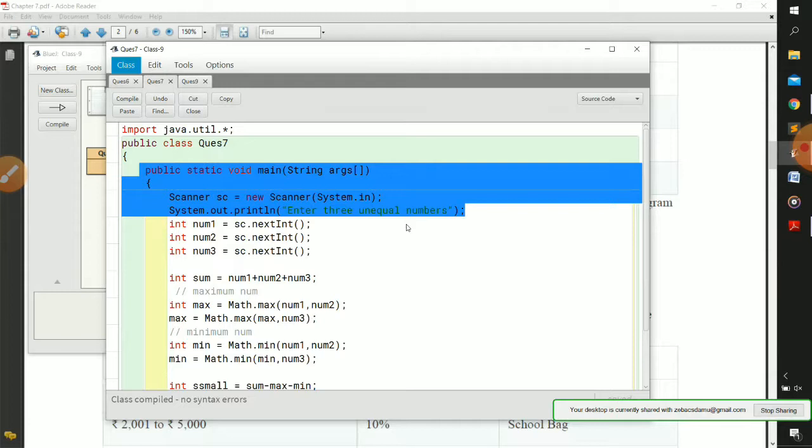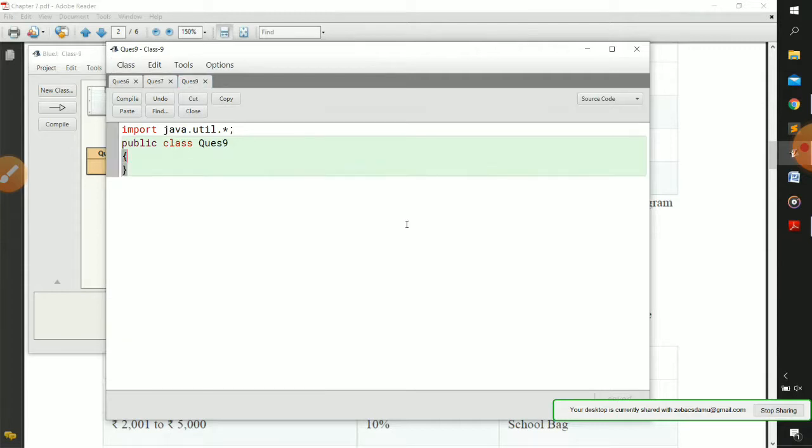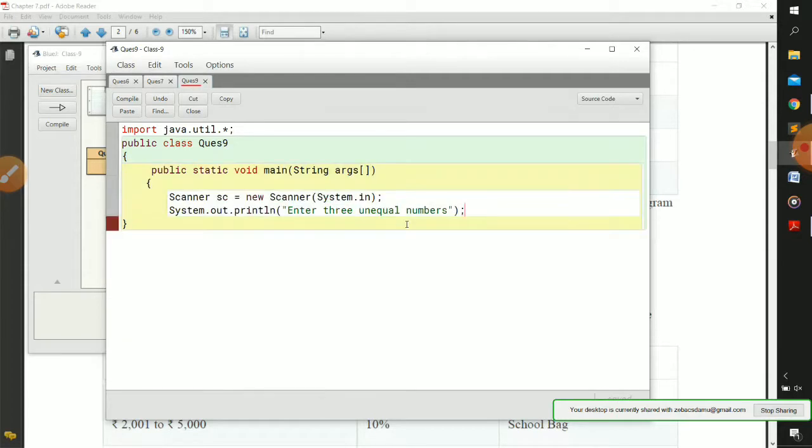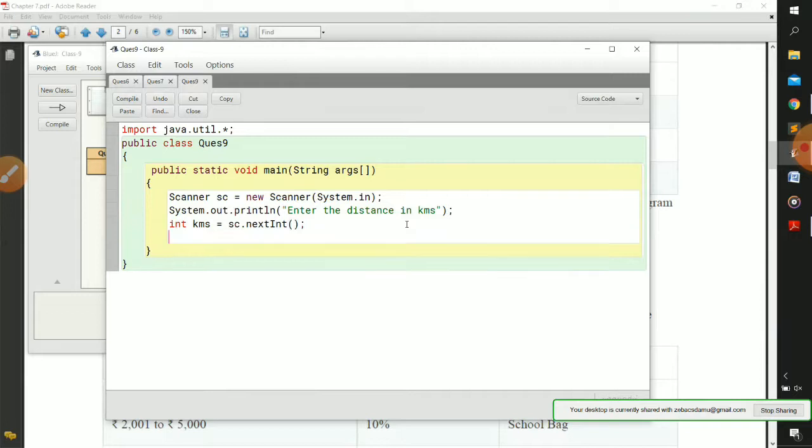So that is why we have copied these things. Now System.out.println, over here we want the distance: enter the distance in kilometers. Now you need to receive this, so let us take int kilometers equal to sc.nextInt. Now the input you have received.